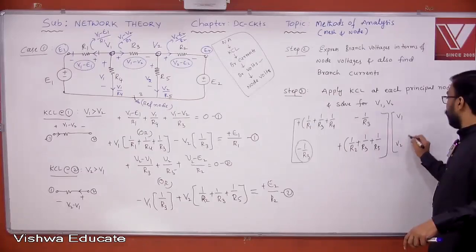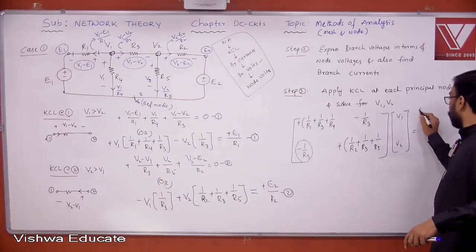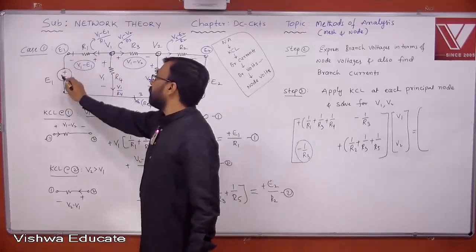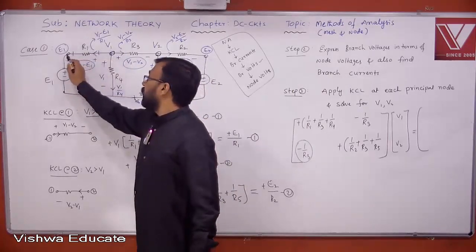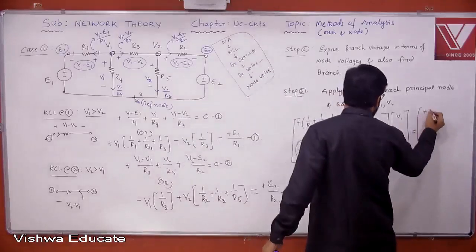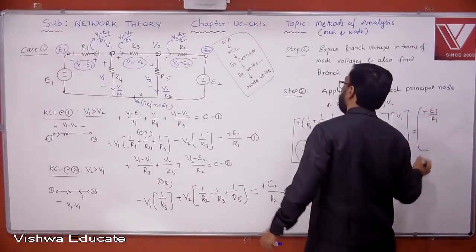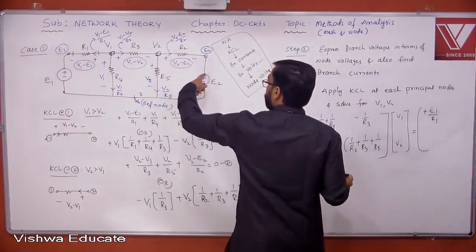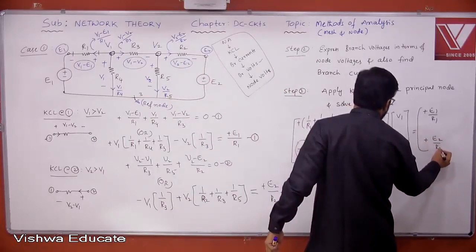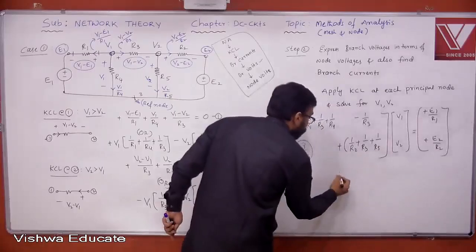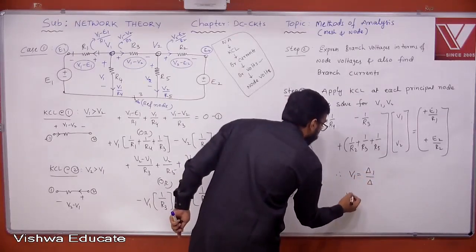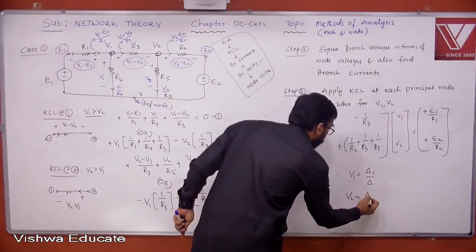V1, V2 is equal to, look at this node, there is a path with an energy source. Current is leaving higher potential, touching the positive sign first, plus E1 by R1. Current is leaving and touching the positive sign first, second node, right? Plus E2 by R2. Therefore, simply apply Cramer's rule, delta 1 by delta, V2 is delta 2 by delta.